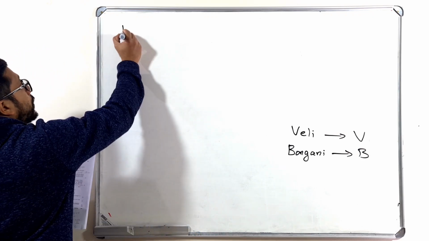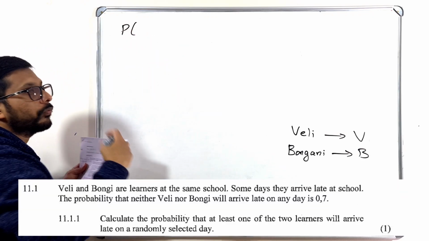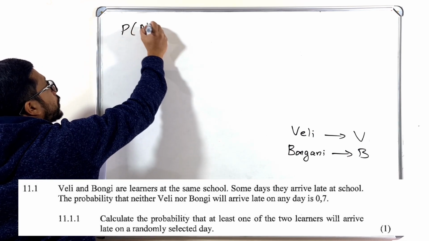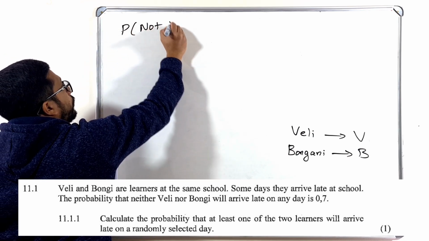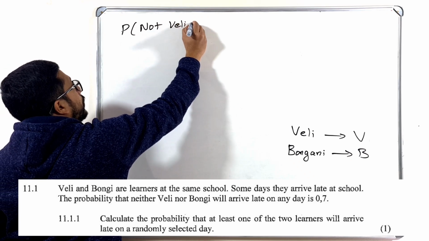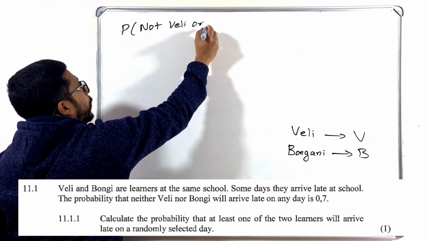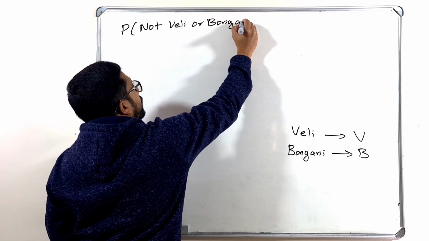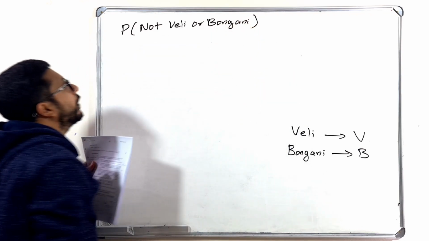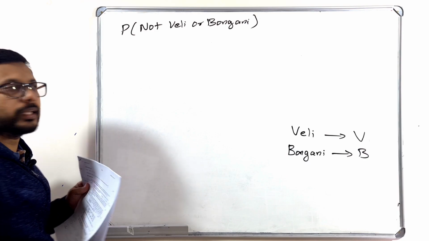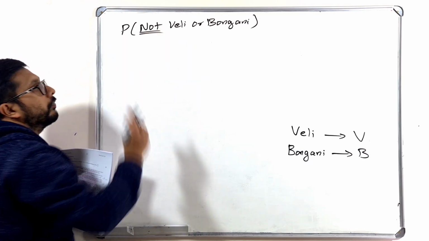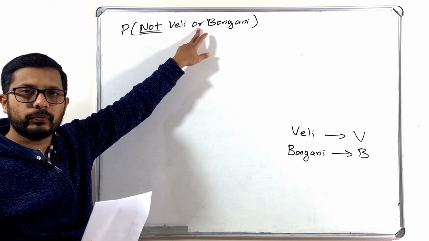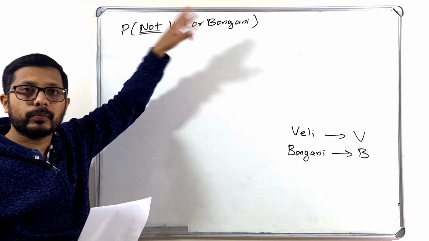So probability of neither Veli nor Bongani means not Veli or Bongani. What is or in terms of probability?